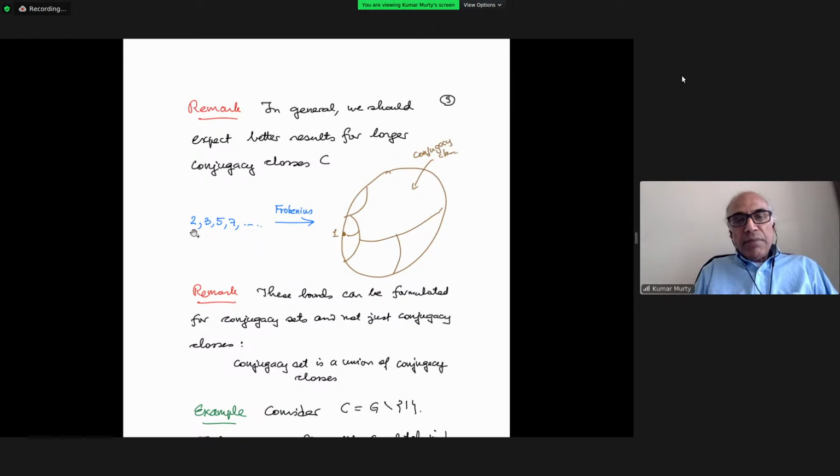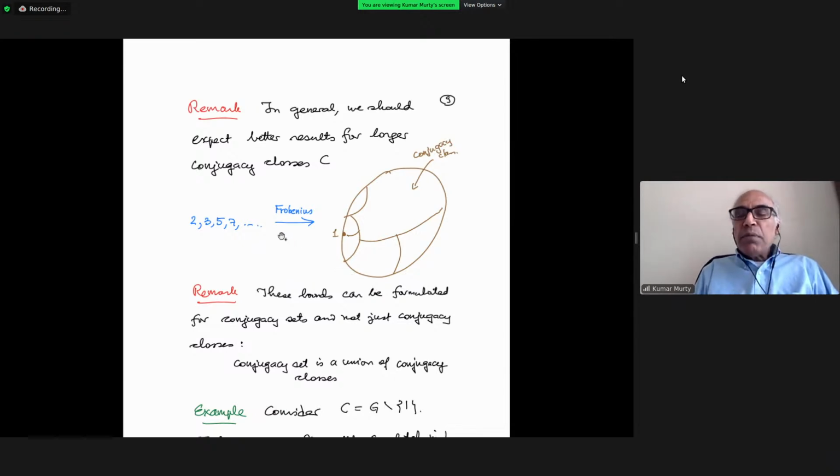Now, I'm taking primes, and if you think of this like a dartboard, I'm throwing each prime at this dartboard. Then it should make sense that the probability of my hitting a big region should be higher than my probability of hitting a small region, right? And indeed, that's borne out by the Chebotarev density theorem, which says the number of primes depends on the size of the conjugacy class as a fraction of the total group. That's true.